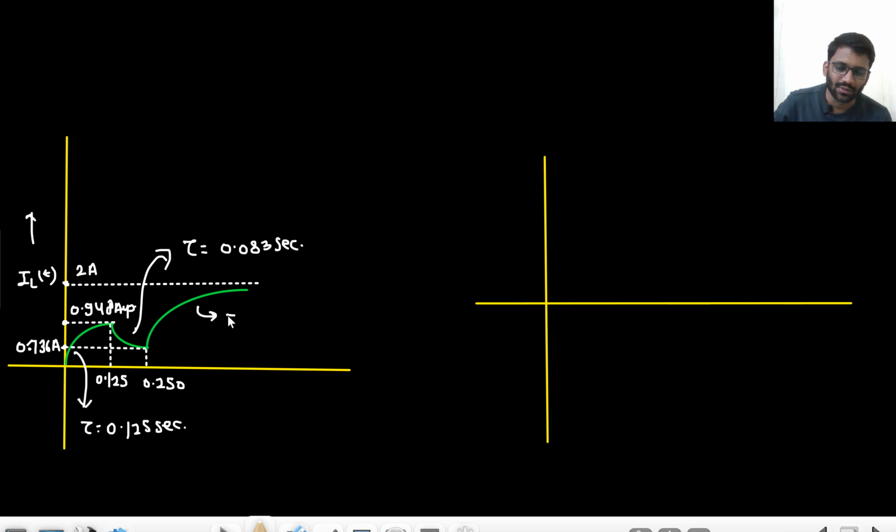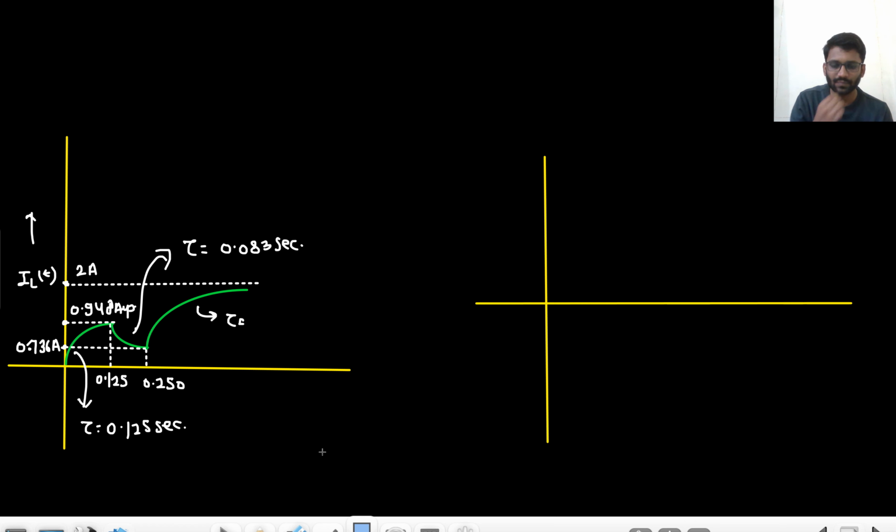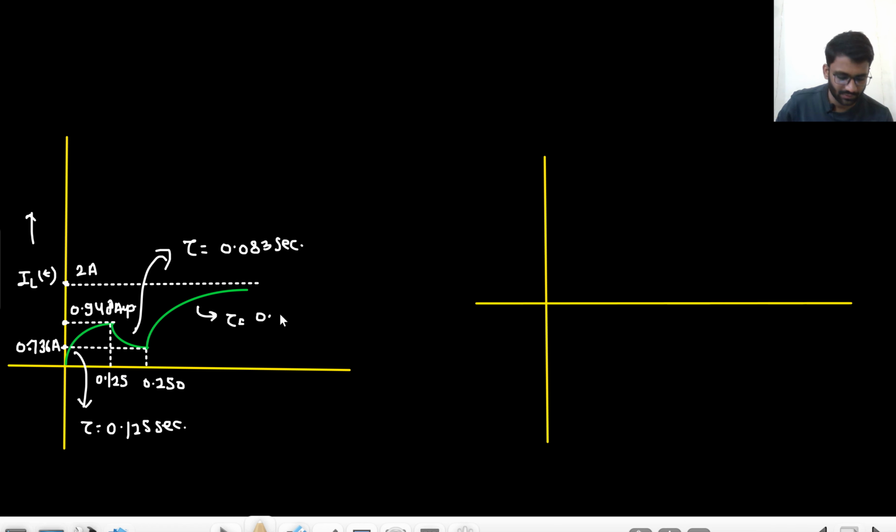And here the time constant is 1/9, right? What is the value of 1/9? That is 0.11. 0.11 second, right? This is the graph of ILT.